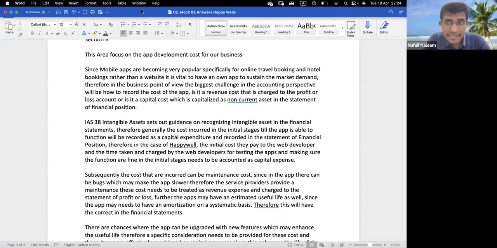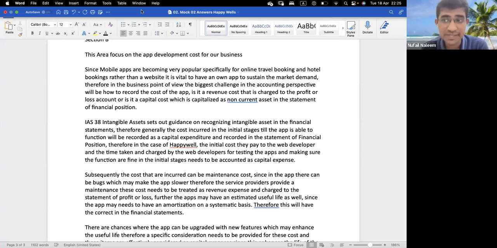But if the 5 conditions are not satisfied, then it will be considered as an expense. Observe it very clearly. You have to always ensure, before a development cost transforms into an intangible asset, the potential, whether it can end up as an intangible asset.